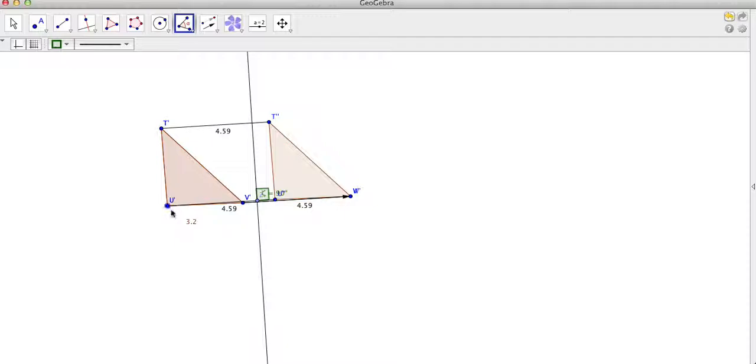For example, if this is the point I had chosen to translate, point V, it is then translated to the current location of V prime. These distances are the same as previously shown.